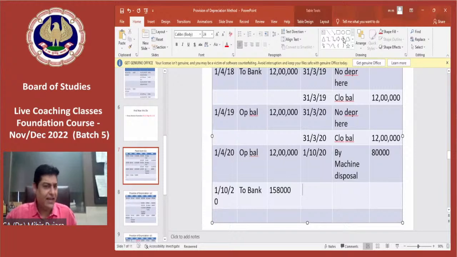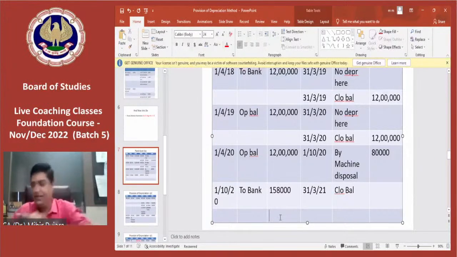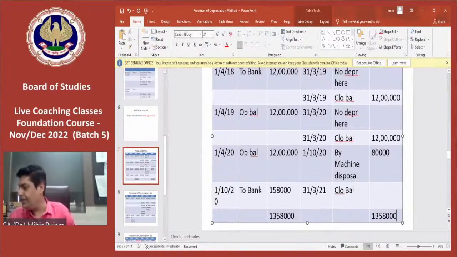And guys, now it's the last year, so we have to conclude. Okay, 31st March 21, closing balance. So if you make the total, guys, here it will be 13,58,000. 13,58,000 minus you sold one asset, 80,000.